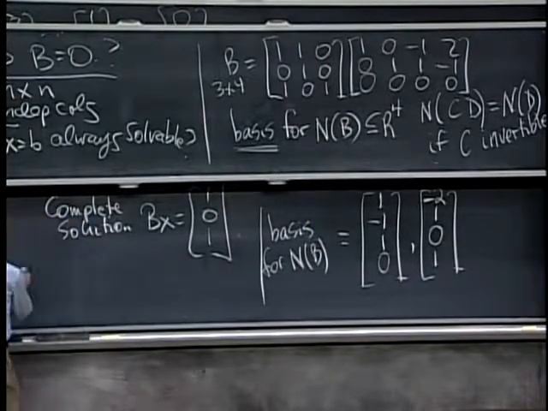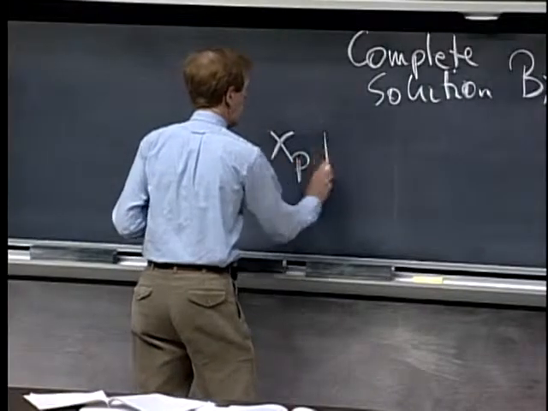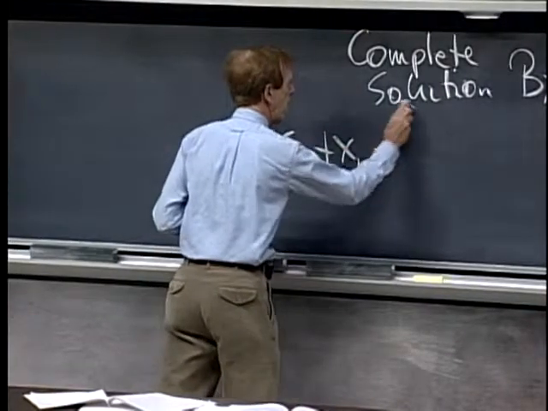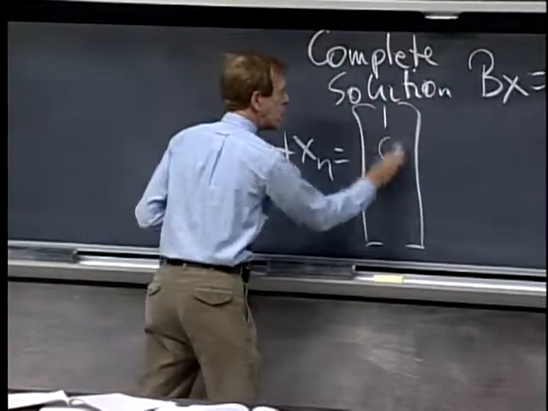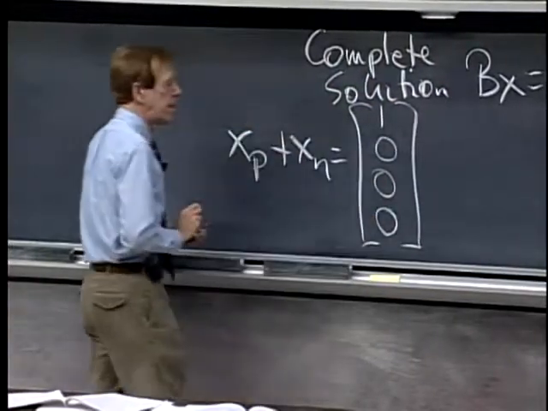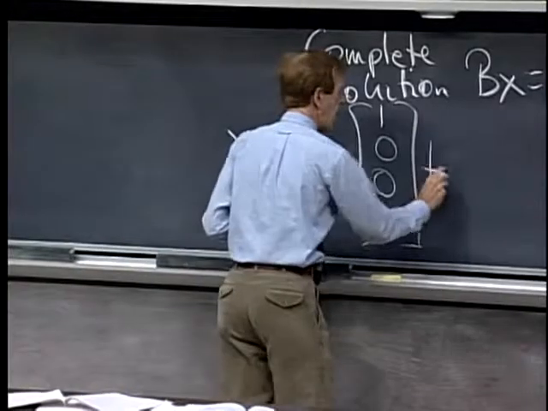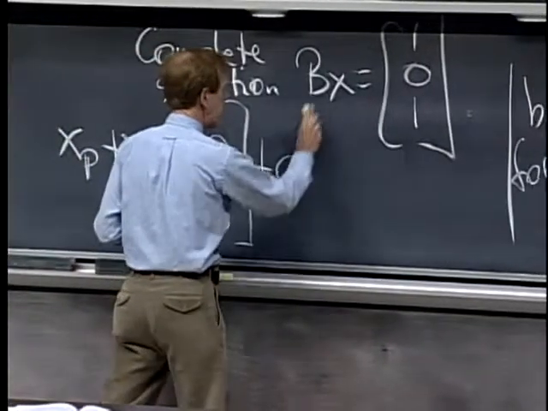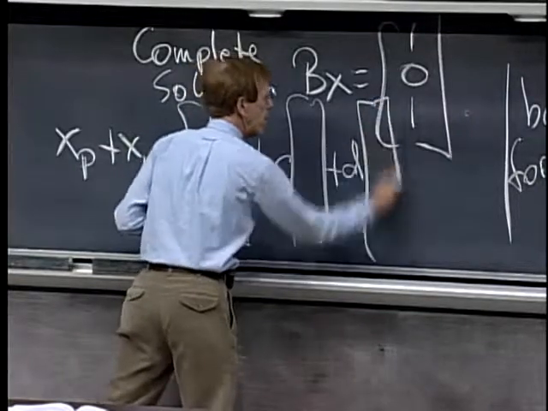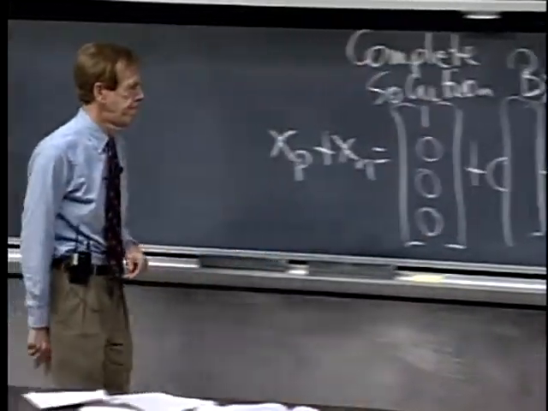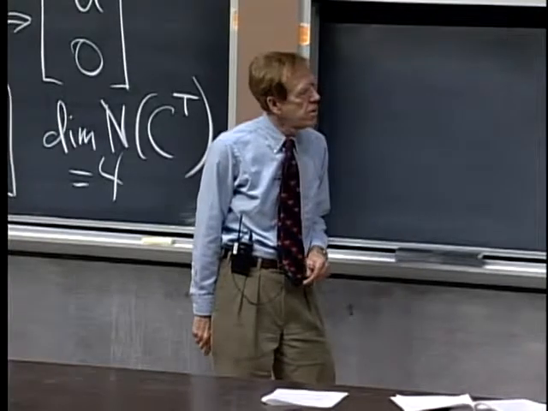So I guess I'm thinking X particular plus X null space will be the solution. Since the first column of B is exactly right, that's great. And then I have C times that first null space vector and D times the other null space vector. Right?